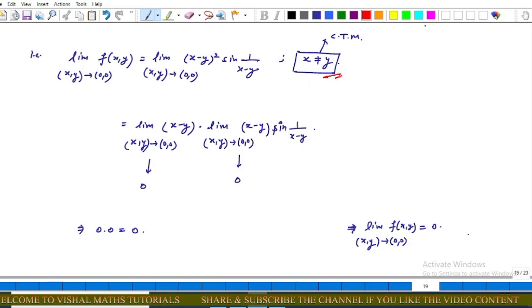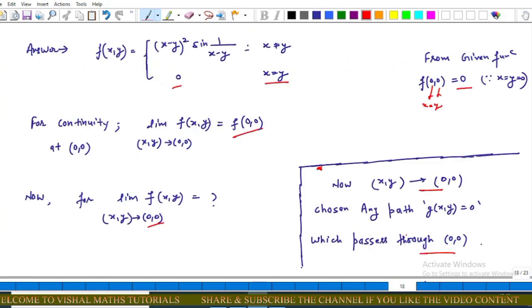Remember this point: if x = y, we do not do this. We only do this for x ≠ y. This implies the limit of (x − y) times the limit of (x − y) sin(1/(x − y)).